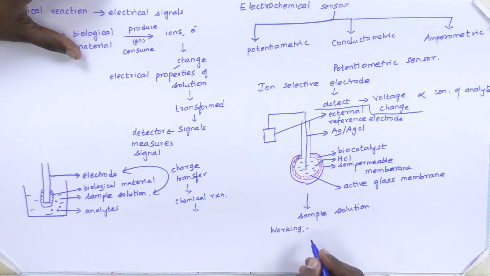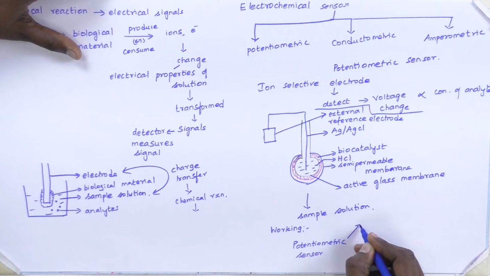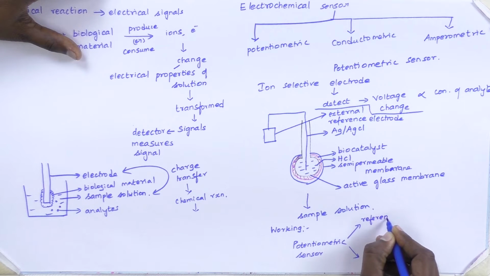Now, we will discuss the working of potentiometric sensor. This potentiometric sensor consists of two electrodes. One is the reference electrode, another one is the working electrode.